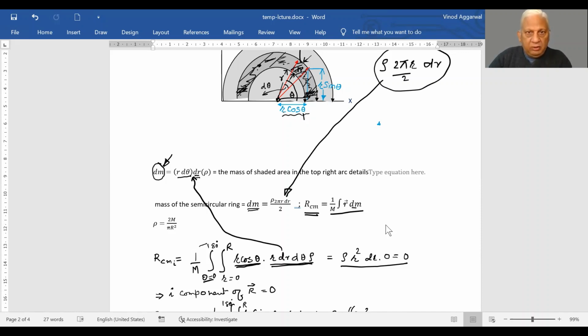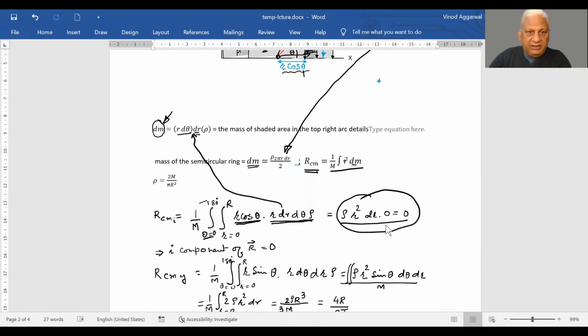Now, if I integrate all the positive and negative coordinates in x direction, the sum will be 0. So what we can say is that the x component of the center of mass of a semicircular disk will be 0.